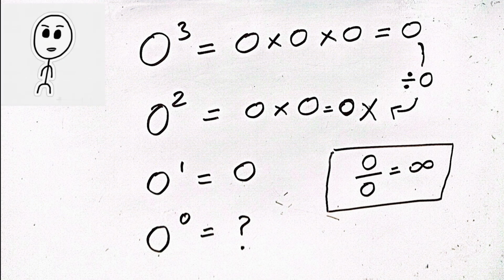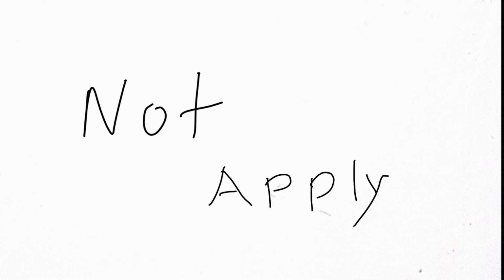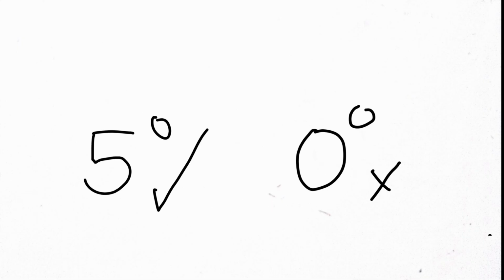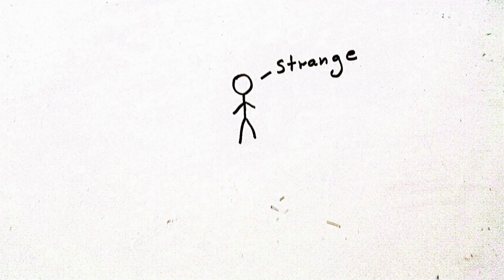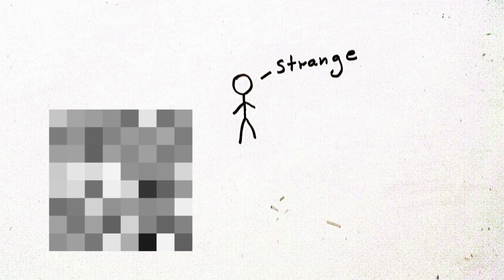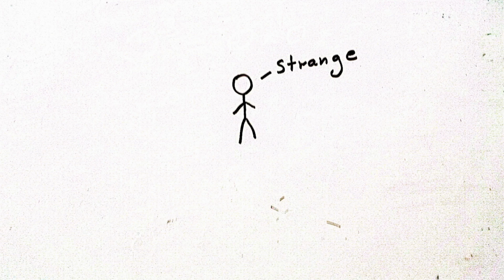But technically, if I divide 0 by 0, it gives infinity, and then we are left with 0 multiplied by infinity, which is still infinity. It is undefined too. In short, you cannot apply the method we used for 5 raised to powers to 0 raised to powers. So 0 is showing this strange behavior; you cannot calculate this by this method.